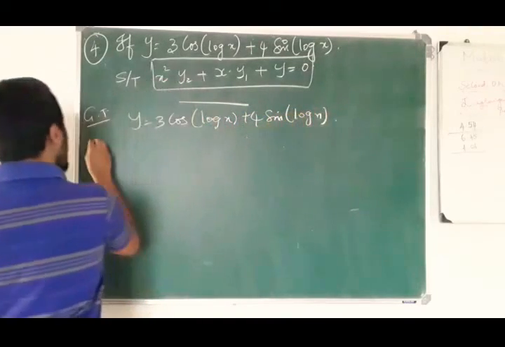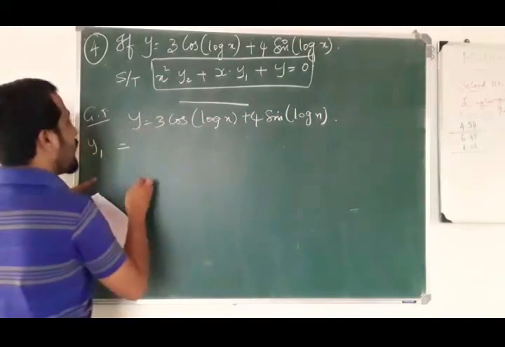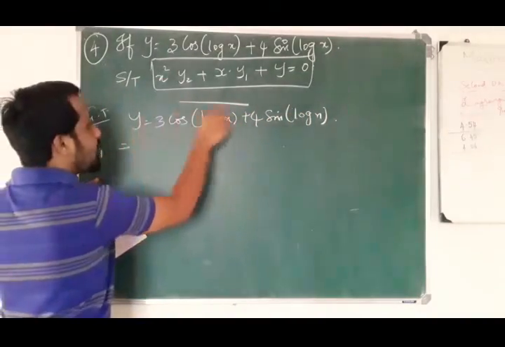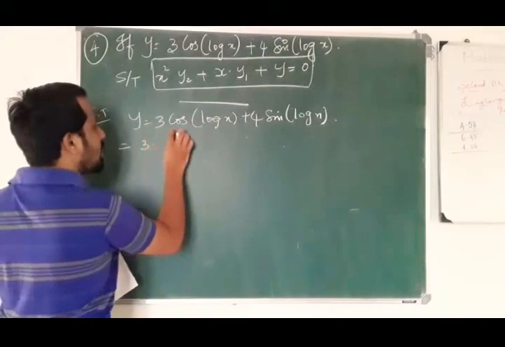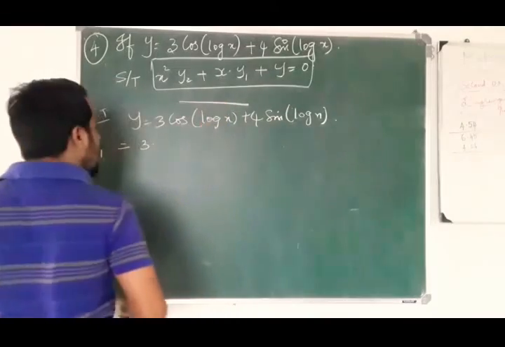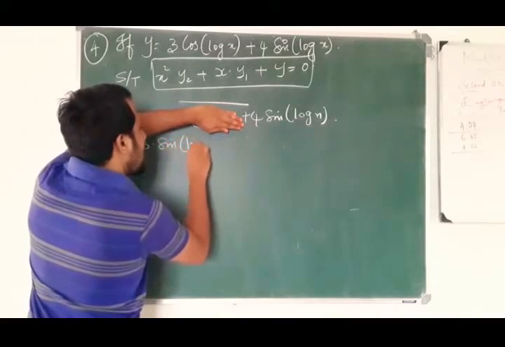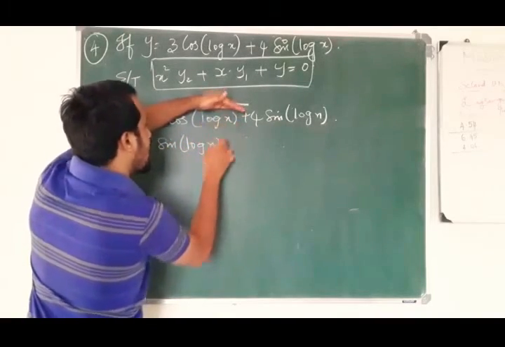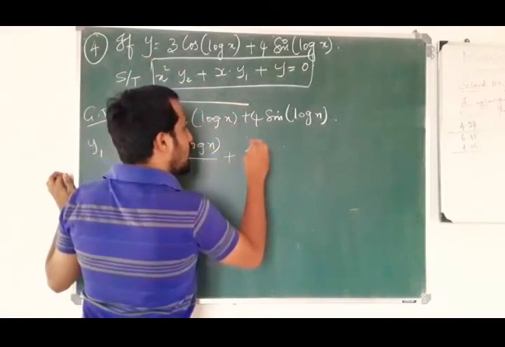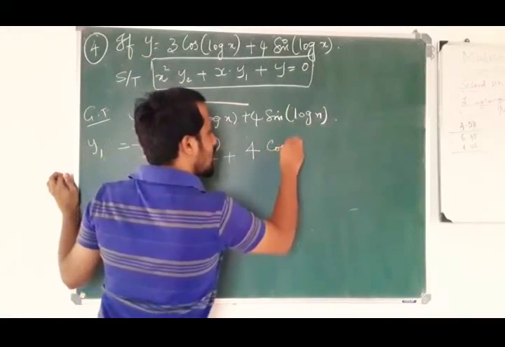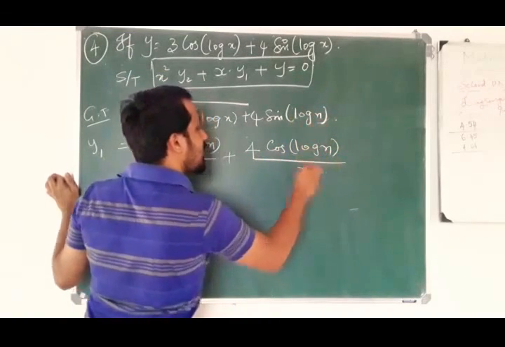So y1 or y dash or dy by dx. That means the derivative of y with respect to x is equal to 3 into the derivative of cos x, which is minus sin x. In place of x I have log x, so the derivative of log x is 1 by x. Plus 4 into the derivative of sin, which is cos, of log x divided by x, since the derivative of log x is 1 by x.